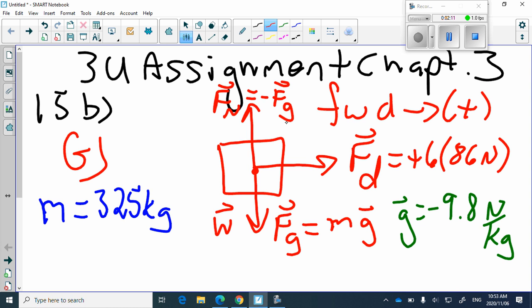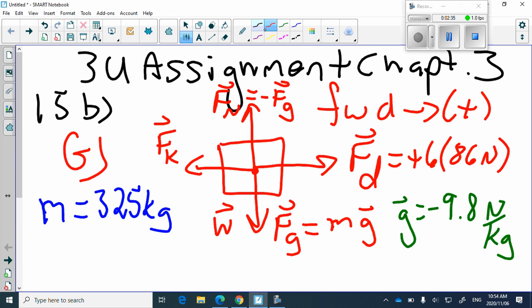We also know that there's a frictional force here. There are two types of frictional forces, static friction and kinetic friction. But since the sled is moving, it is most definitely kinetic.